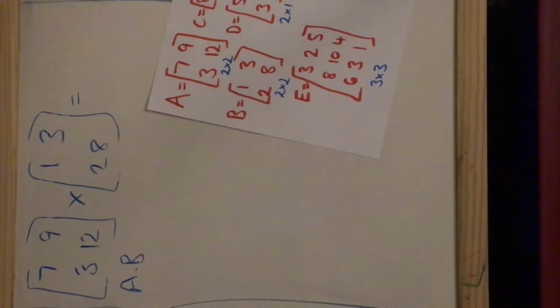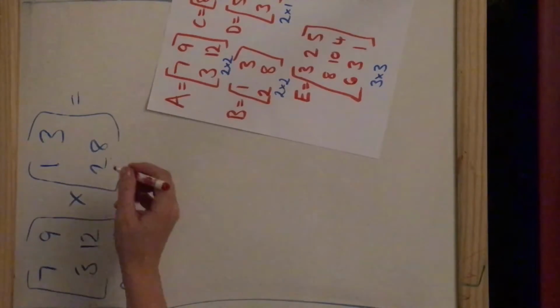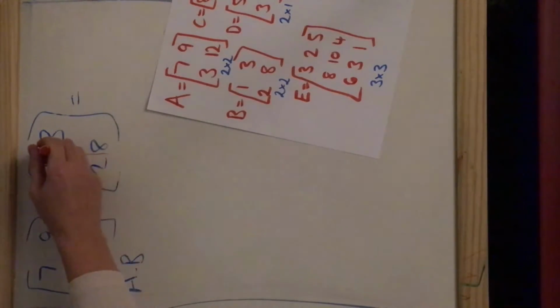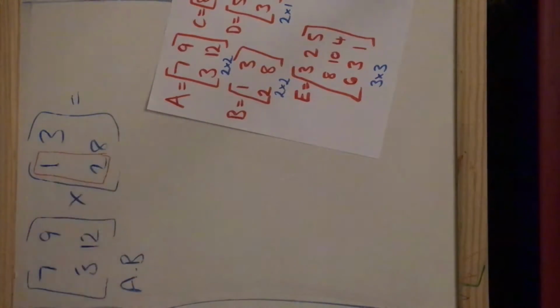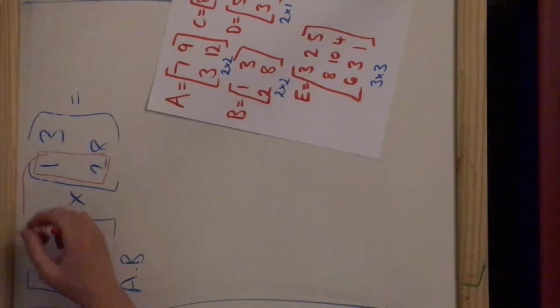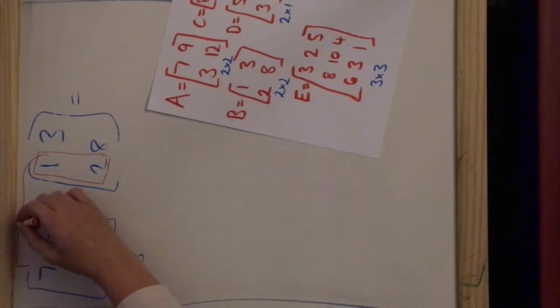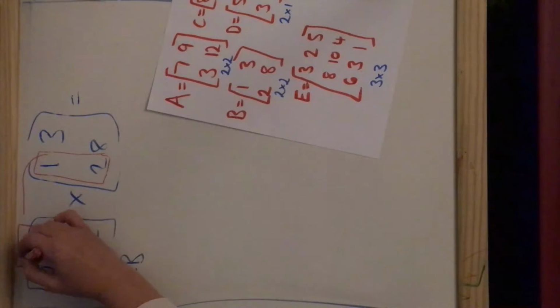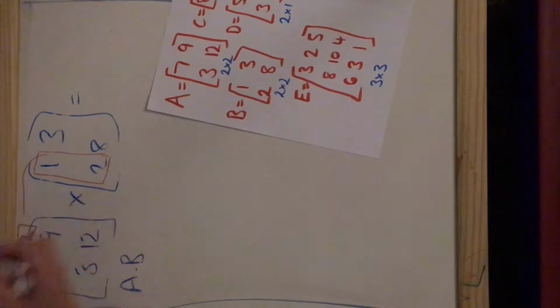What we would have to do here is take our column 1 from B, and imagine it's a bus driving along the road, and we would put it above A. So move our 1 and 2. What we would then do is multiply both numbers here by this one and both numbers here by this one.